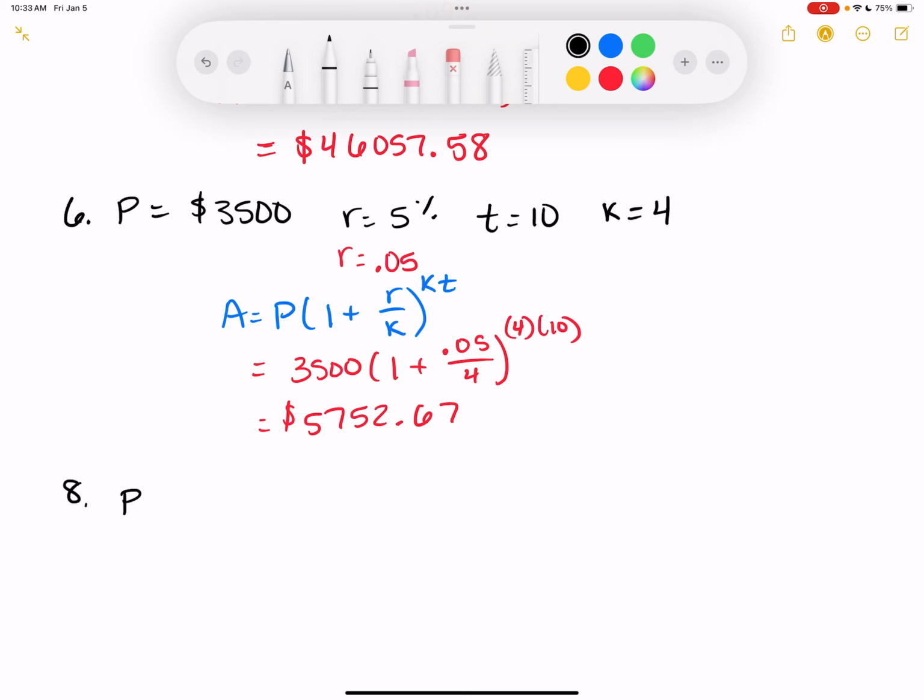All right, P is 25,300. R is 4.5%. T is 25, and K is 12.